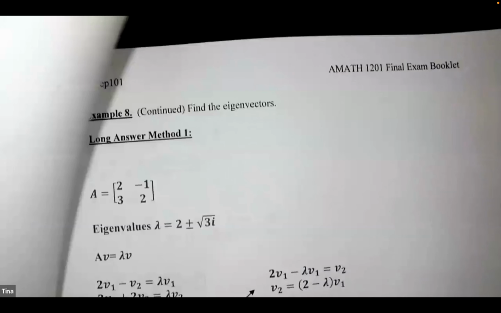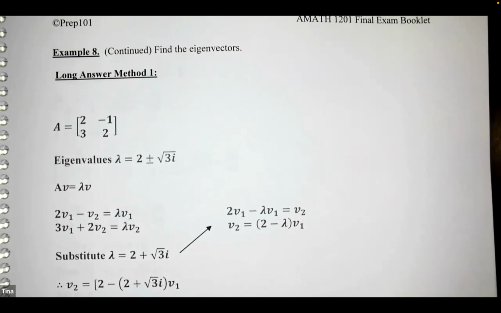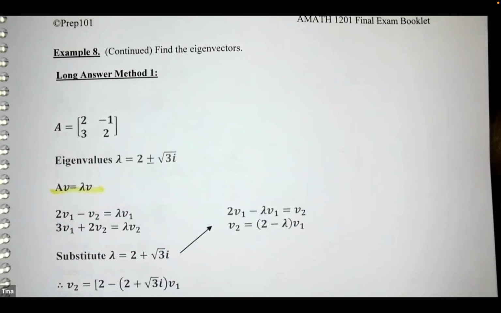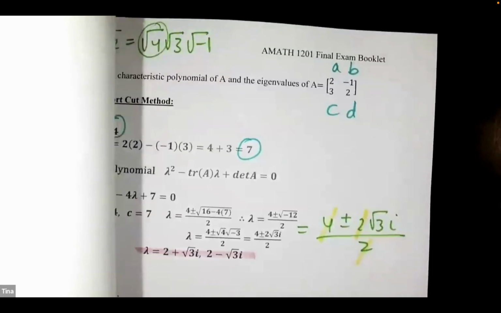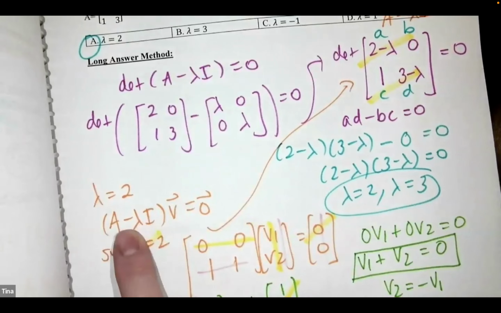All right, now, the long way. Well, instead of doing that shortcut, we can use our formula AV equals lambda V. Now, the one that I showed you before, a lot of people do like better when they're not complex, but it tends to be a lot harder when they are complex.